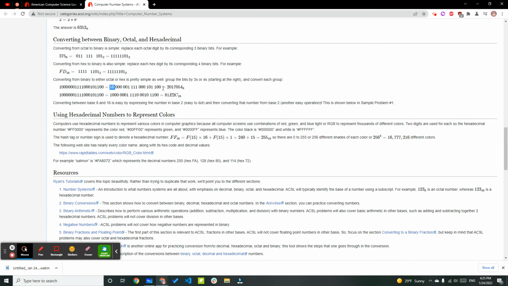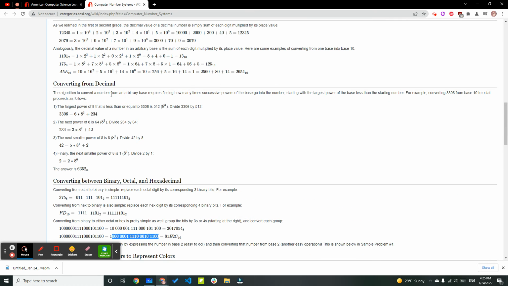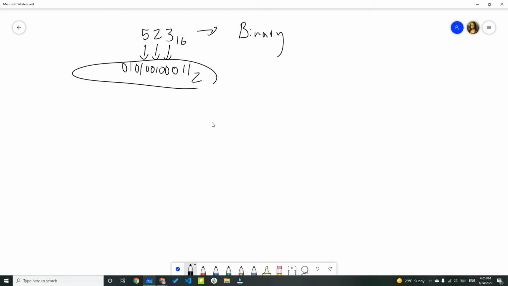So 10 in binary is 2 in octal, 0 is 0, 1 is 1, 111 is 7, 0 is 0, 101 is 5, and 100 is 4. It's the same thing with hex, you just group into 4s and then convert. Remember to start from the end when you are grouping.